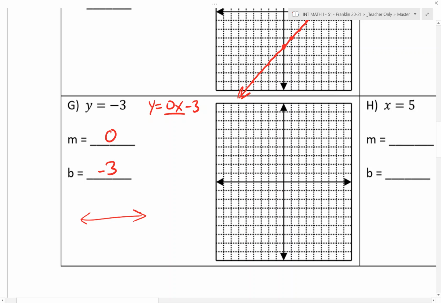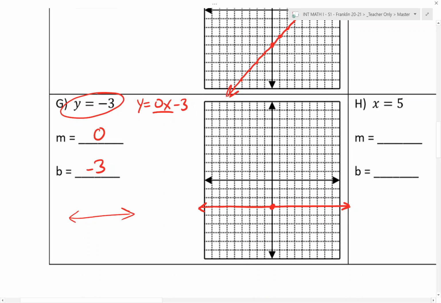So at -3 on the y-axis, we're going to have a horizontal line. So that's sort of a special case. So whenever you have y equals a number, it's going to be a horizontal line through that number on the y-axis. Because there's a 0x where the slope should be, there's a 0 that you don't have to write.